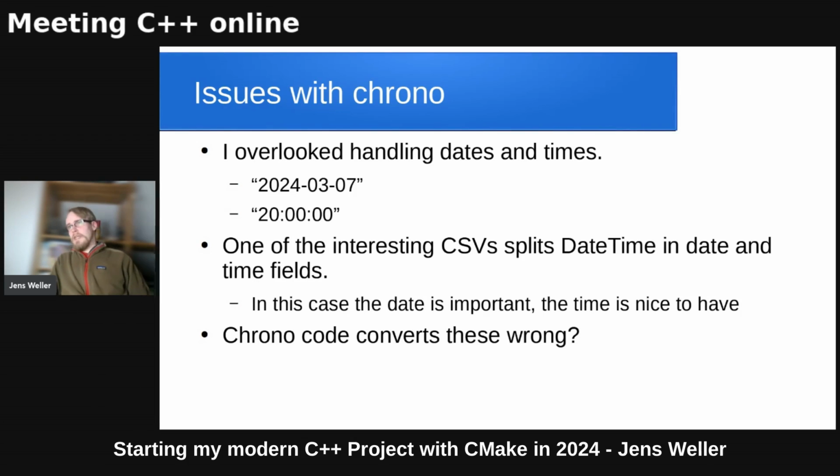I might do that later, but for now, I at least want to see if I can parse this. And at least for Chrono, you can parse the date, but Chrono does not have a default type for something that is actually just a time without a date. That can be done, but you would have to implement that yourself. There are some interesting comments from Howard Hinnant on various online platforms about that.